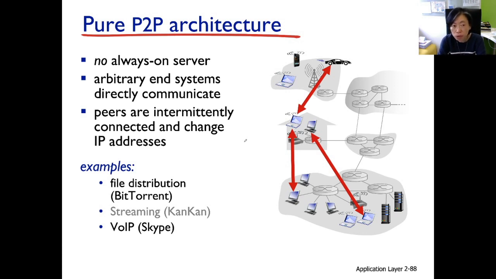All right, so P2P architecture. As opposed to the very simplistic client-server architecture where we have always-on servers, in P2P there are no more always-on servers. Instead, we just have arbitrary peers directly connecting and communicating with each other. As you see, these peers are very likely mobile end systems.